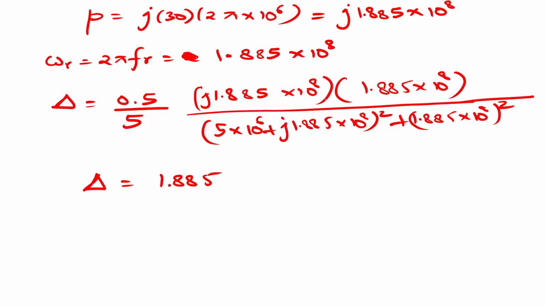It looks like a lot of numbers are involved and it will be complicated, but we can easily simplify it, because the complex part is also 1.885 into 10 to the power 8 and the real part of this number is also 1.885, and denominator and numerator we can easily simplify. So when we solve it, it comes out to be 1.885. And now we have to find this increase in the spectrum in decibel.